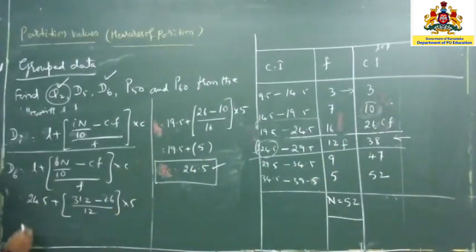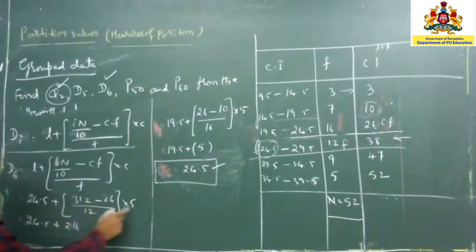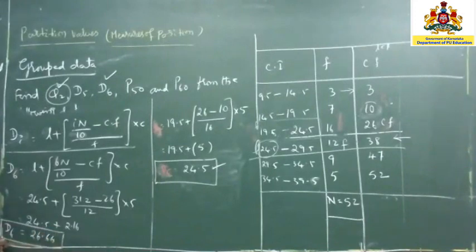So what is the value you are going to get? 24.5 plus 31.2 minus 26, that is 5.2, divided by 12 into 5. If you simplify, you are going to get 2.16. Now if you add it, you are going to get 26.66. So this is going to be the D6 value. Okay, this is the way we can calculate the D6 value.